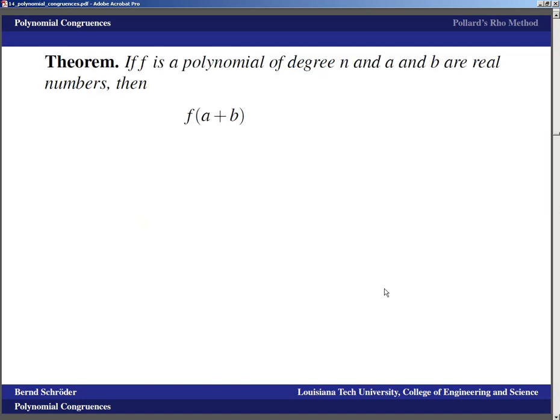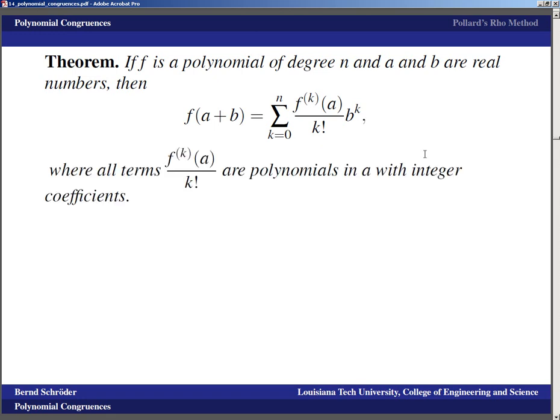So, theorem. If you've got a polynomial f of degree n, and a and b are real numbers, then f of a plus b is equal to the sum k equals 0 to n of the kth derivative of f at a divided by k factorial times b to the k. So this is something that comes straight through calculus.